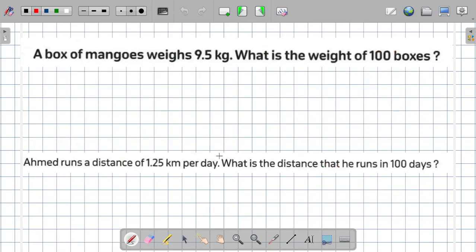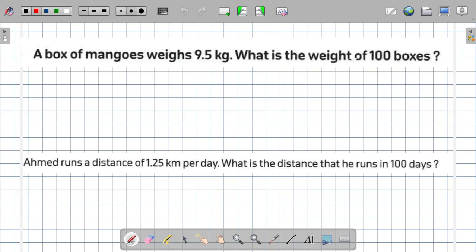Next, if I want to solve problems like that by multiplying decimals. So in the first problem, he said a box of mangoes weighs 9.5 kilograms. What is the weight of 100 boxes?